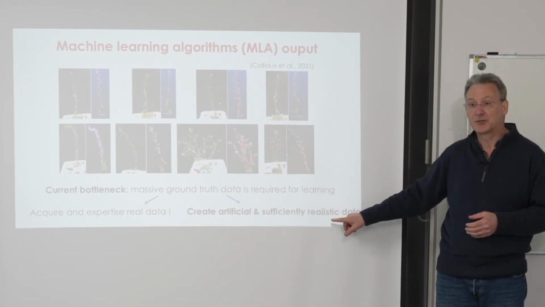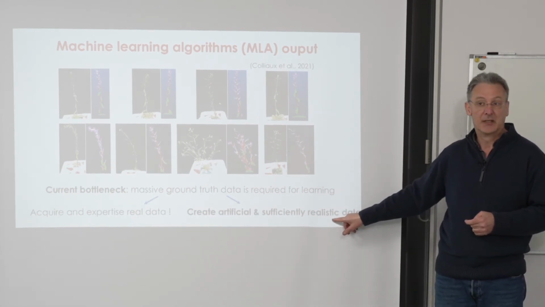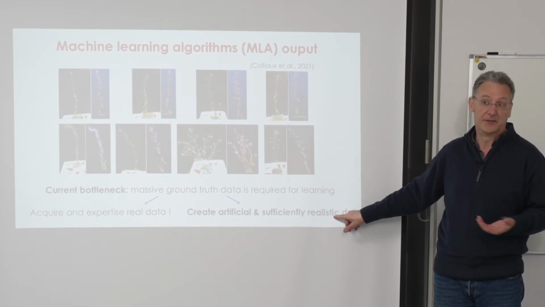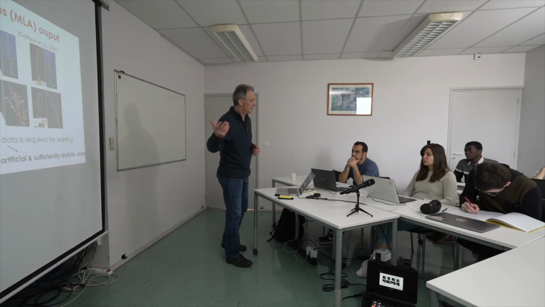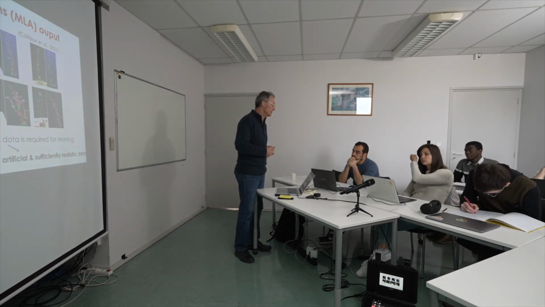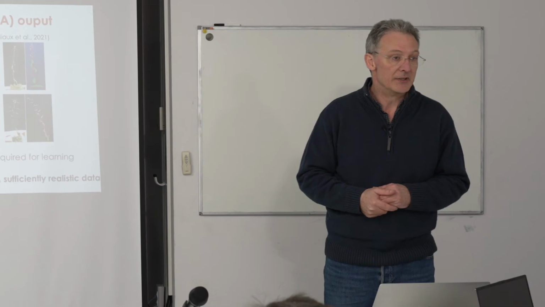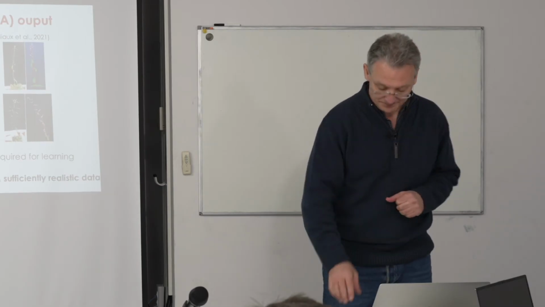So we need to be extremely precise and accurate and faithful to real data here. And this is the difficulty. And this is the place where actually it is very important to construct this virtual plant in a realistic manner.